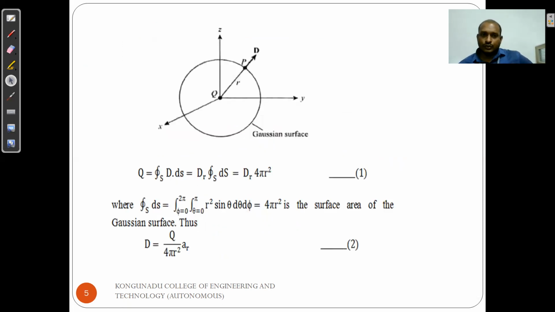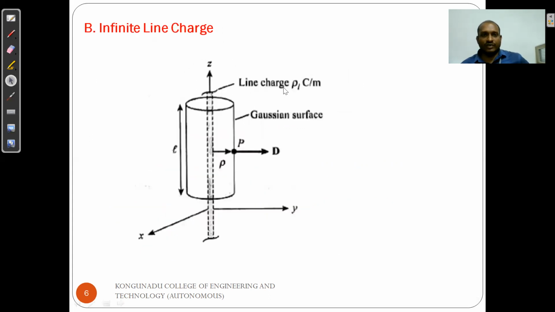According to Gauss law, Q is equal to closed surface integral D dot ds, which is Dr into surface integral ds. The surface integral ds is equal to 4 pi r square. So D is equal to Q divided by 4 pi r square into ar. This is the electric flux density due to the point charge.